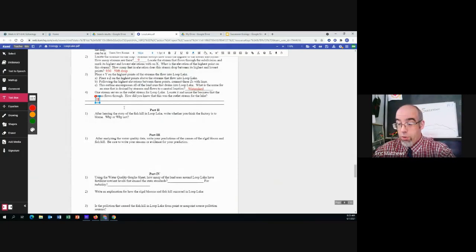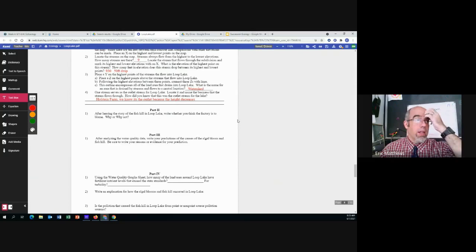So it passes through the Holstein Farm, and we know it's the outlet because the height decreases. All right. Now, using this information, you should be able to answer this first one.